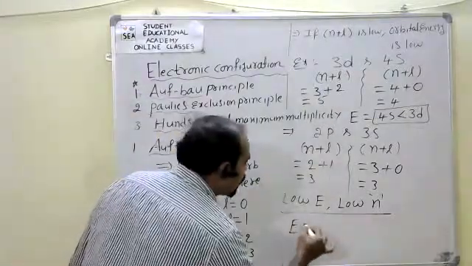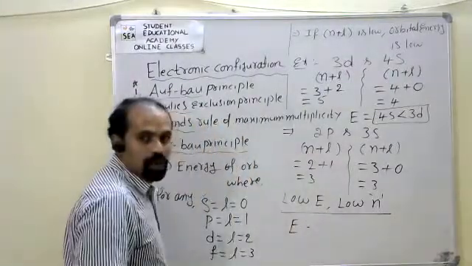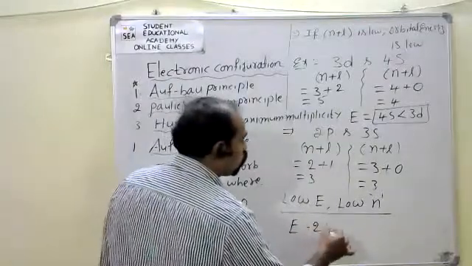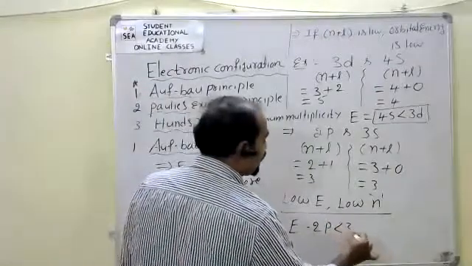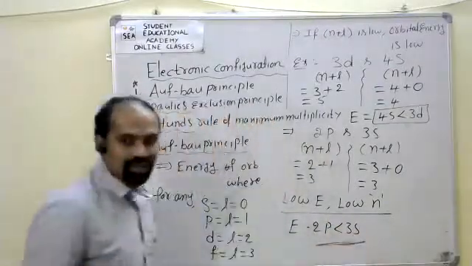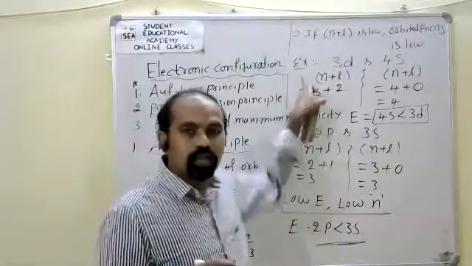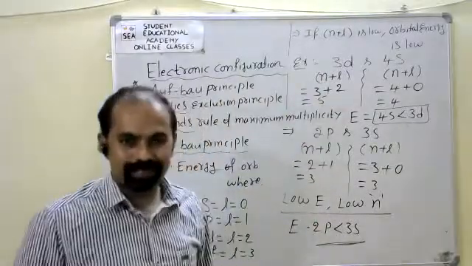Therefore, what is the 2p energy here? 2p orbital is lower energy than 3s. These two rules are most important.